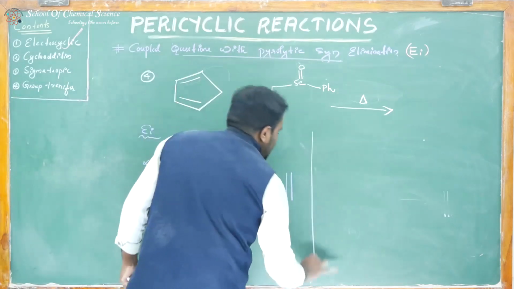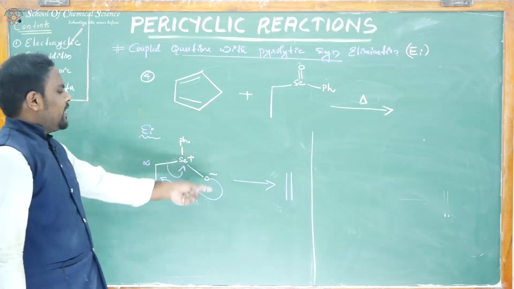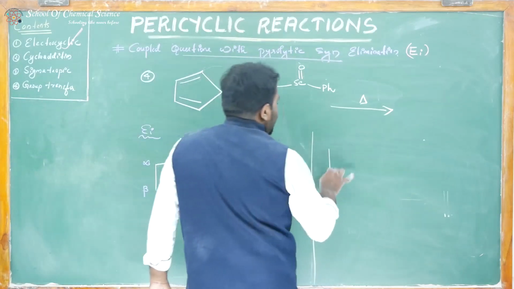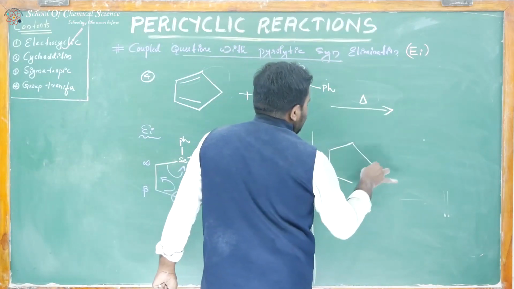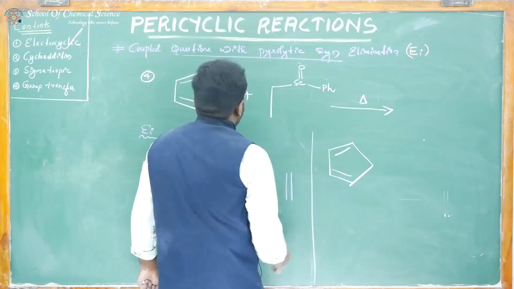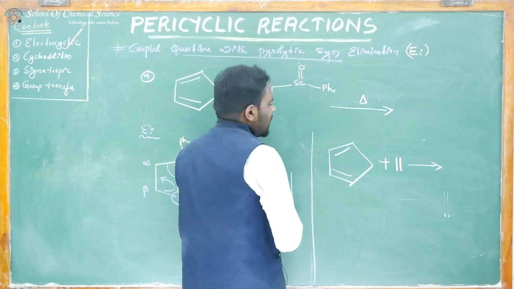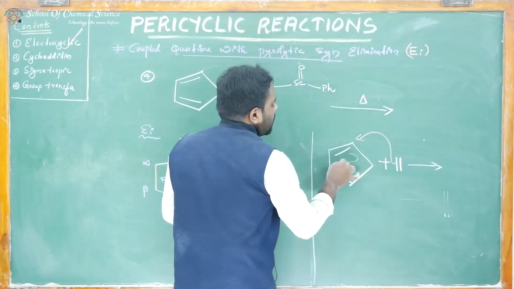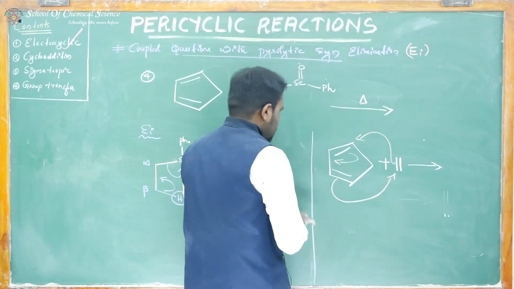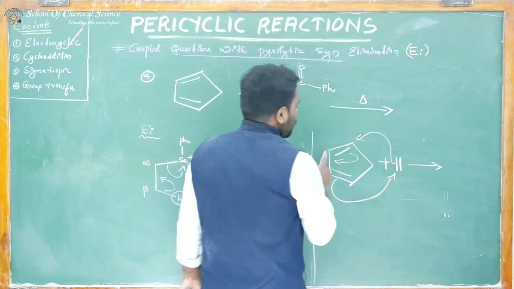Then in the next step, Diels-Alder reaction. Diene is already there, and you generated the dienophile. Here a diene plus a dienophile is simply a 4+2 cycloaddition reaction. So that you get 1, 2, 3, 4, 5, 6.